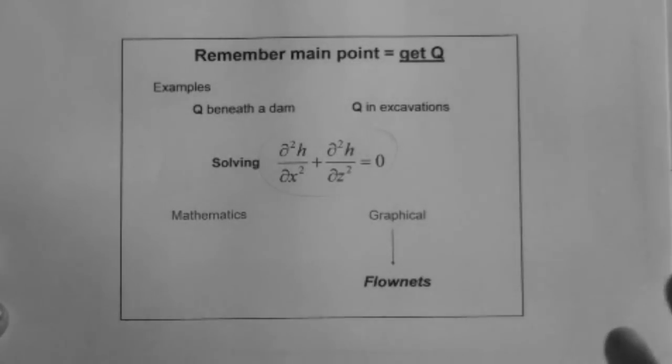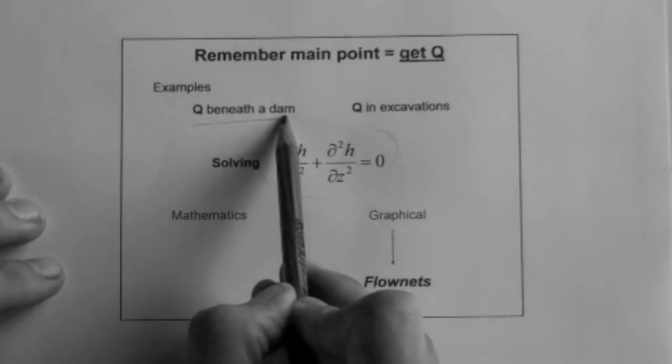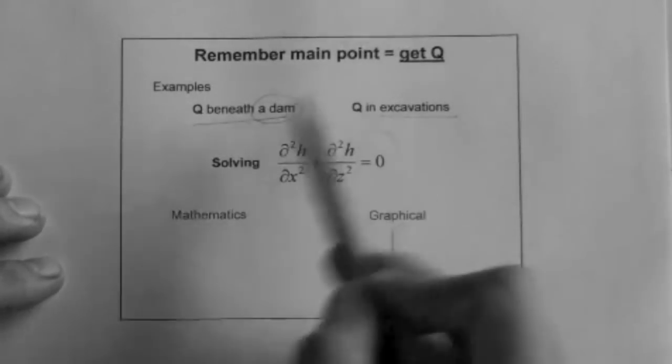Nobody wants to build a dam that, once finished, the flow rate through the dam is so large that the dam doesn't really retain any water. Okay, of course. So examples: dam engineering, Laplace; excavations, pump selection, Laplace.